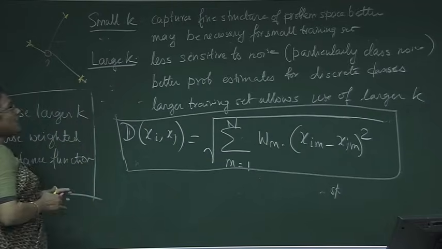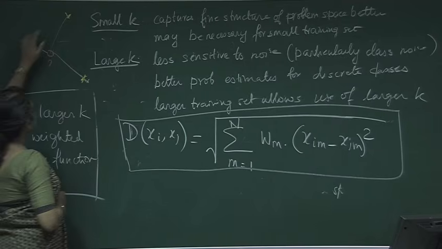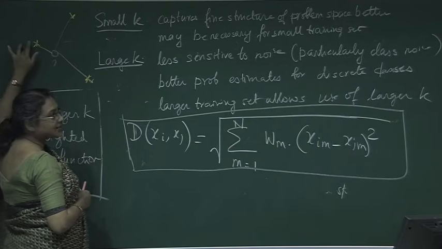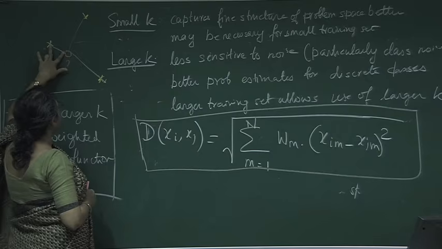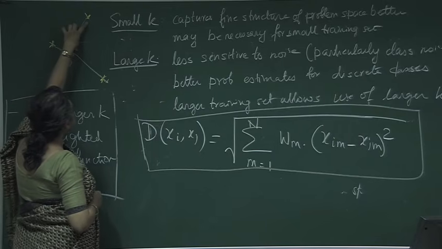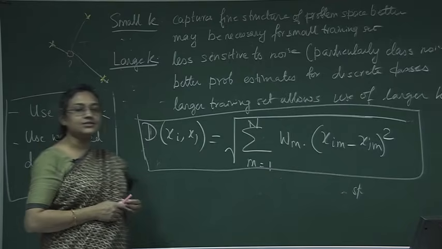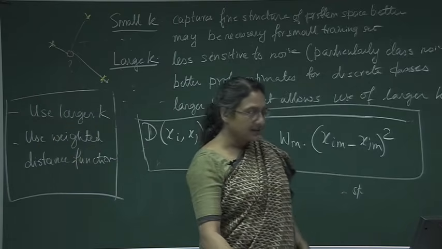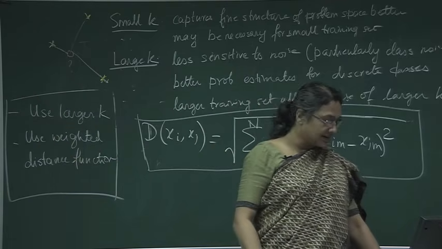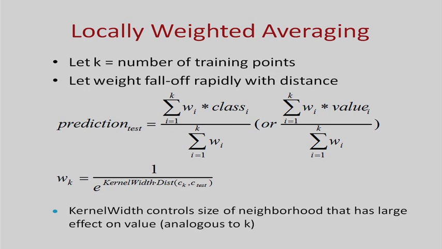Now, we look at the class of all these 3 instances and take a weighted average. We give larger weight to this, smaller to this, and smaller to this. Based on this, we can do the averaging. This is called distance weighted k nearest neighbor.